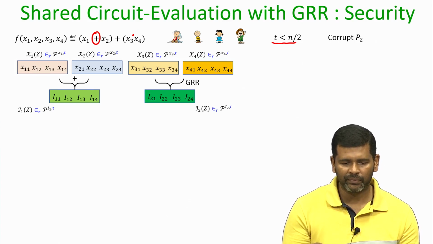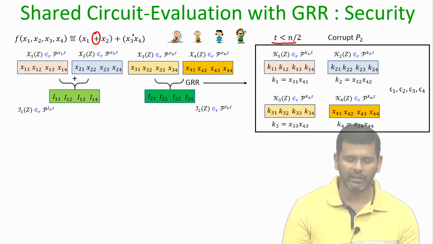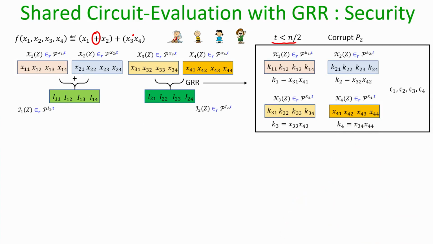So, if I further go into the details of the instance of GRR degree reduction, as part of the GRR degree reduction, the parties would compute the publicly known Lagrange interpolation coefficients, and component wise each party will compute the product of its shares of x 3 and x 4.